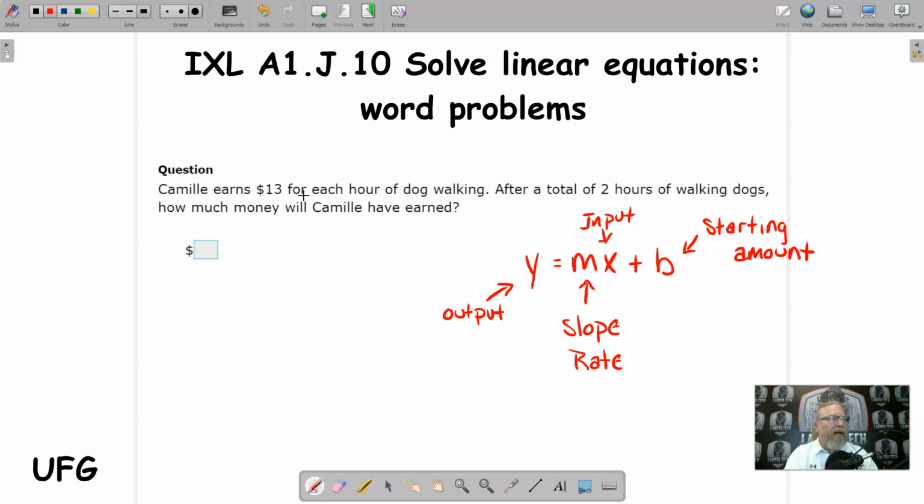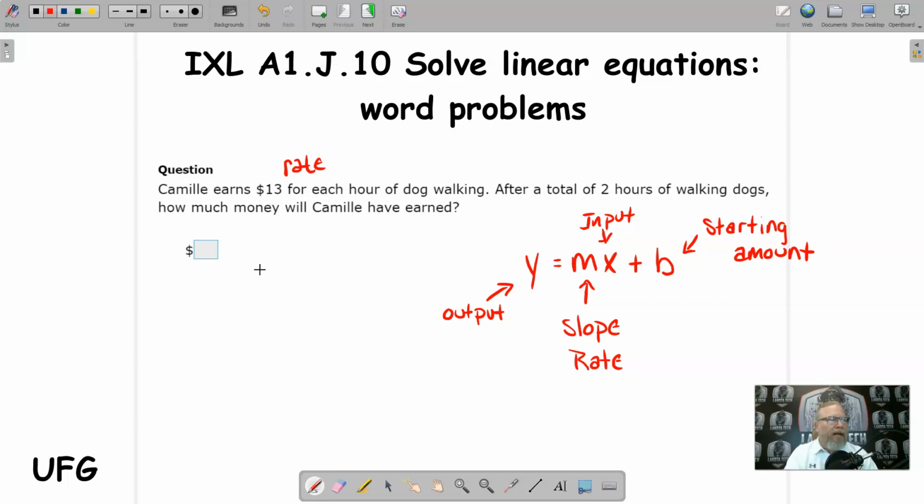She earns $13 for each hour of dog walking. Well, that's $13 per hour, right? So this is going to be our rate right here. Whenever we have something per something, usually that's going to be our rate. So $13 per hour. After a total of 2 hours of walking dogs, how much money will Camille have earned?